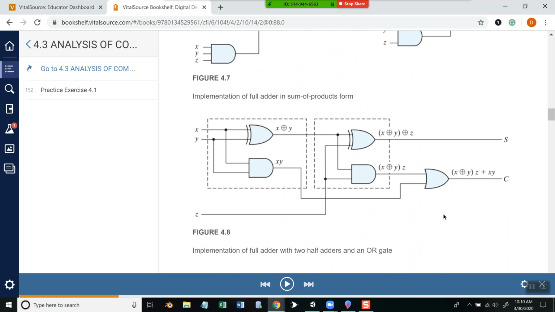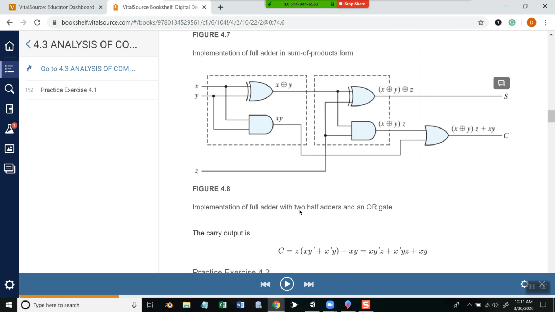Our carry, if we put it in terms of our XOR, is given by this over here to the far right. So we have X and Y right here coming into an AND gate. And they're coming in here to the OR, which is coming from that. And then this comes from this AND, which comes from Z, which is right here. And then our X XOR Y, which is coming from right there. Okay, so they're showing how you can do the full adder in the sum of products form.